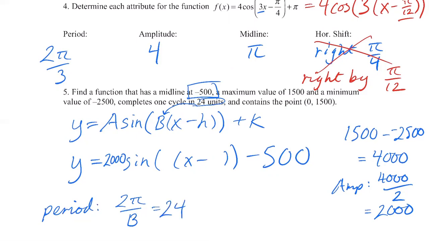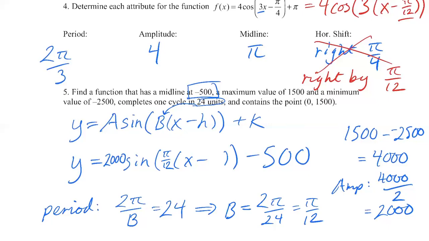So that means that B must equal 2 pi over 24, which would be pi over 12. Okay.